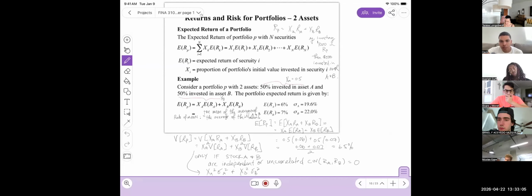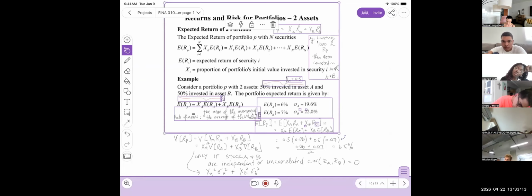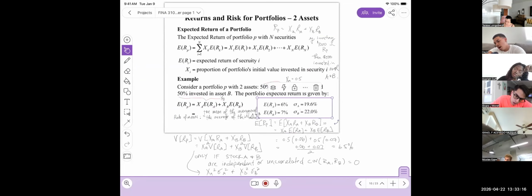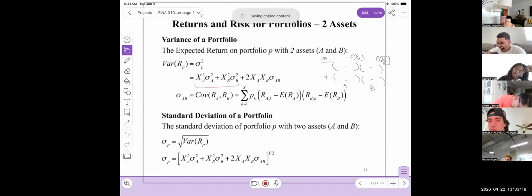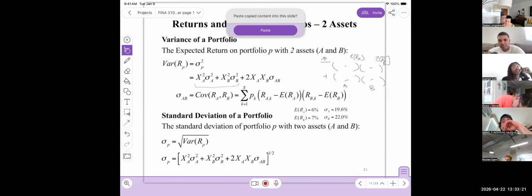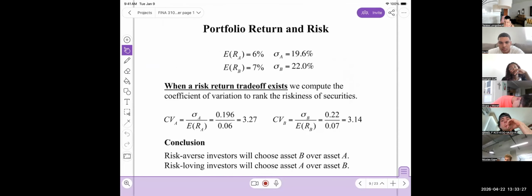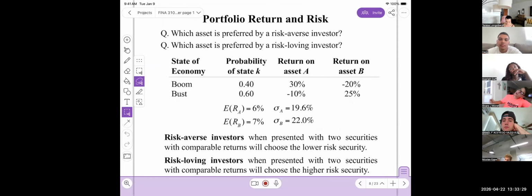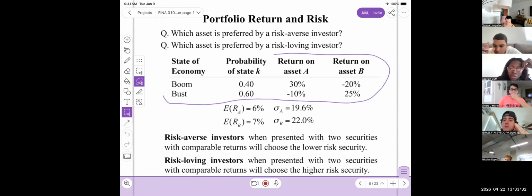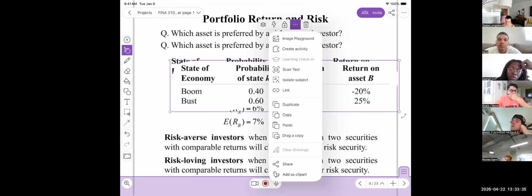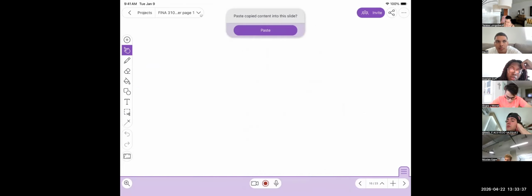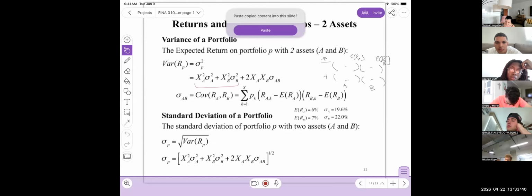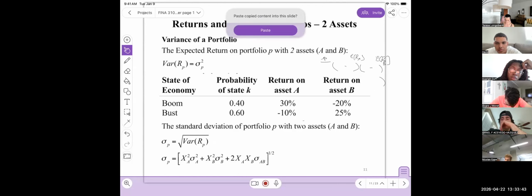So let me get the data again. You really need this data set here. You need the whole chart. You need this. Okay, I'll give you a few minutes for that.